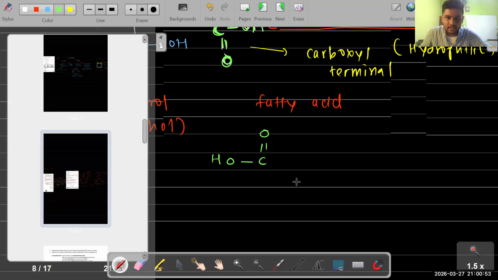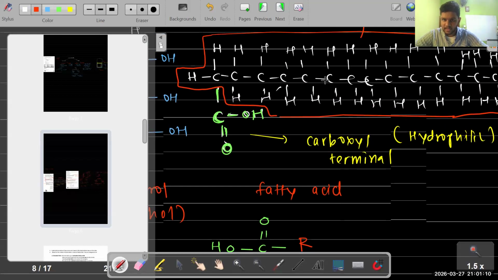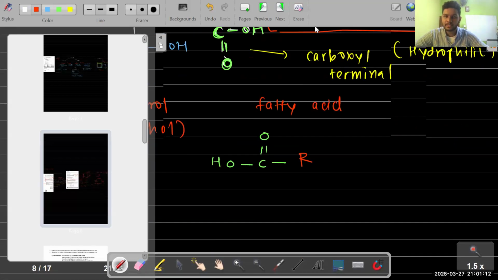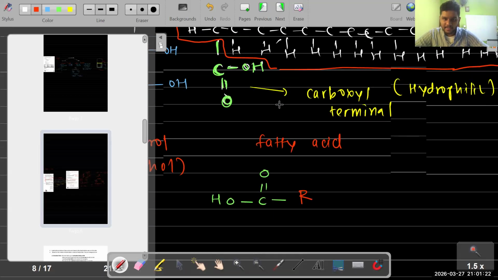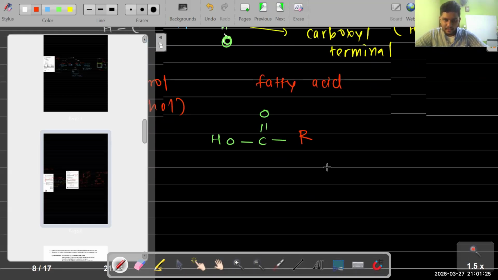Instead of the complete hydrocarbon chain, we write a letter R. There is no element called R, so instead of writing the complete chain, we write a letter R denoting the hydrocarbon chain. Can you understand that? Yes, sir. So this complete fatty acid molecule can be simply written like this.